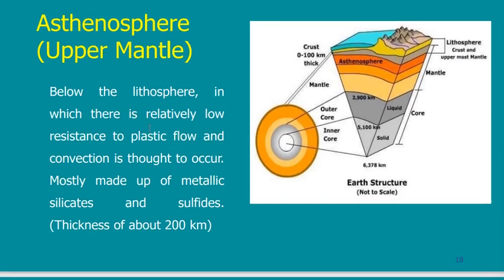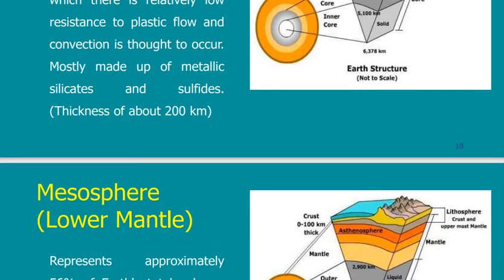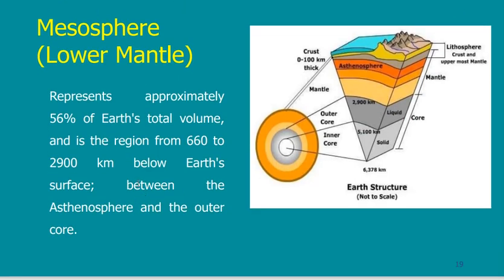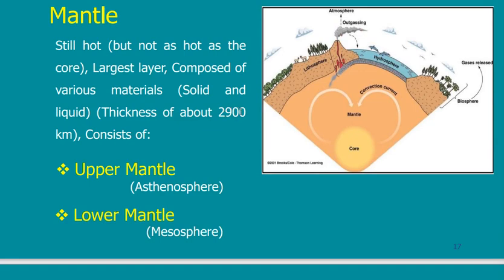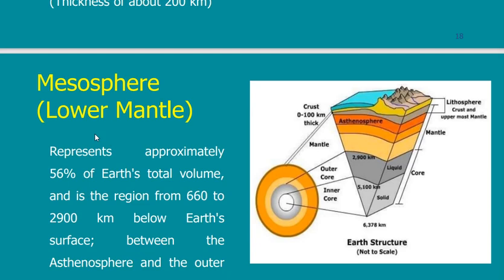It means that the asthenosphere, which is the upper mantle, is very thin compared to the lower mantle, which is the mesosphere. The mesosphere will be the remaining part of the 2,900 kilometers. So the mesosphere, which is the lower mantle, here is the mantle.